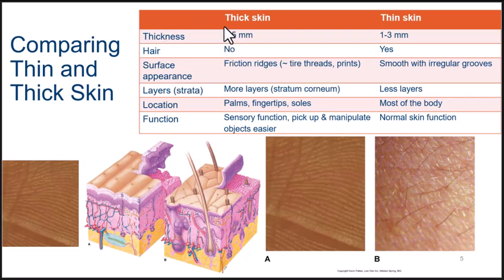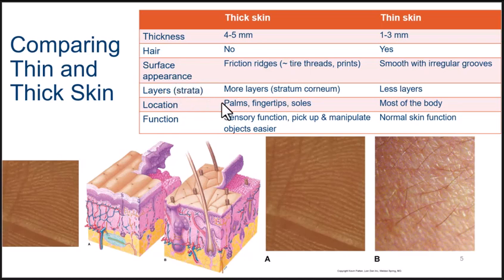Thick skin is quite a bit thicker than thin skin. There's no hair on thick skin compared to thin. Thick skin has friction ridges, which you can see in the image here, whereas thin skin does not. It has more of a smooth appearance. In terms of layers, thick skin has more layers.